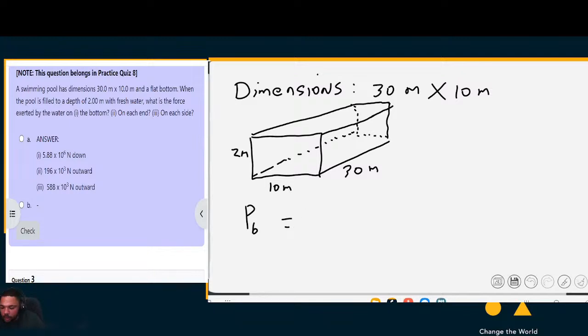We've established from our summary that pressure will be the atmospheric pressure, P naught, plus density times g times the height.